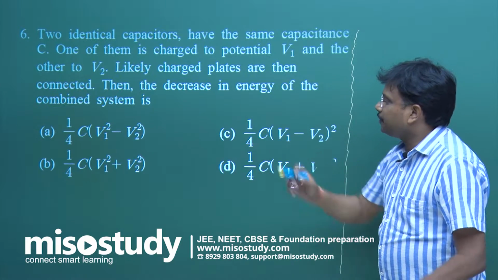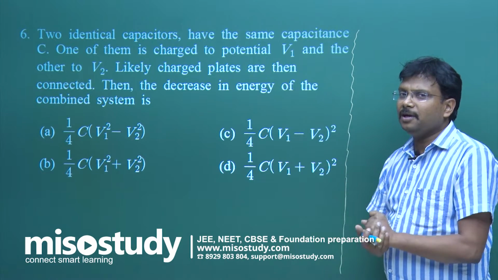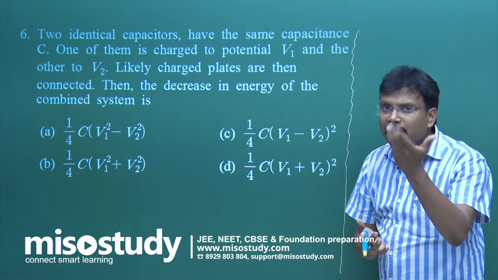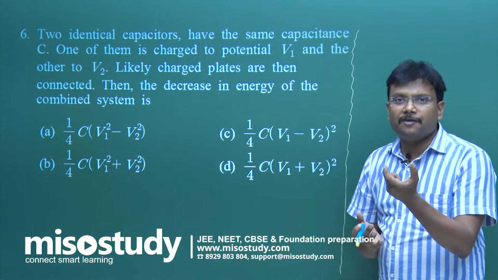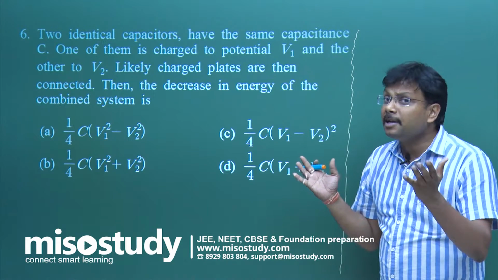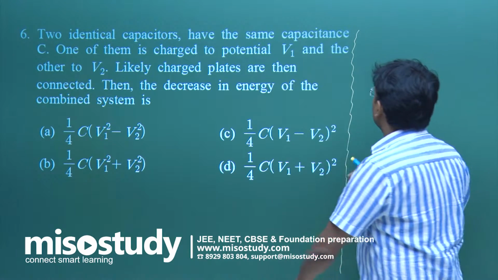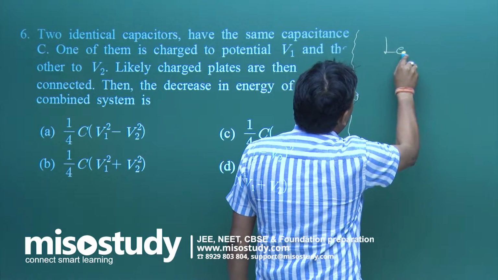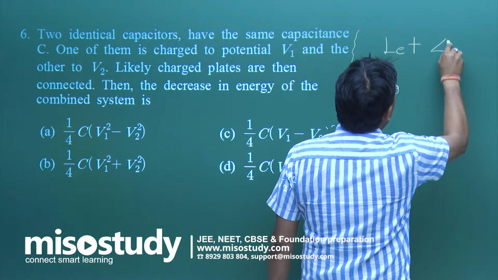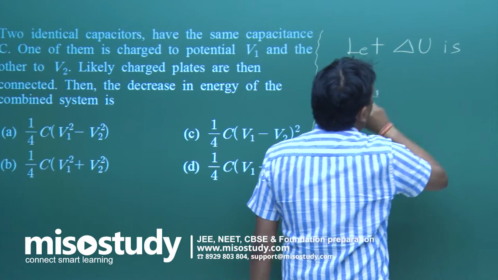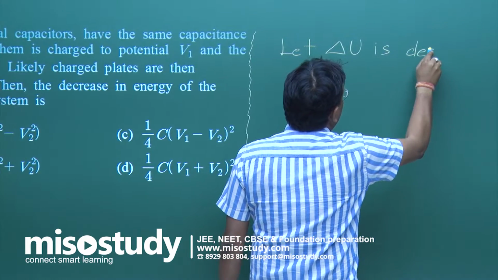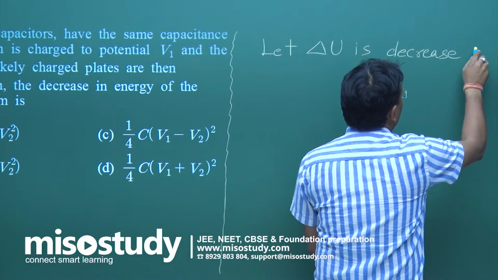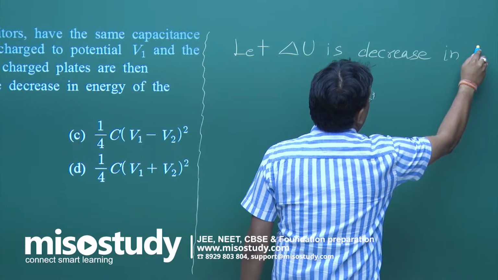Now, the decrease in energy of the combined system. If you can find the initial energy and final energy, the difference of initial and final is the decrease in energy. So let me write it this way: let delta U be the decrease in energy.